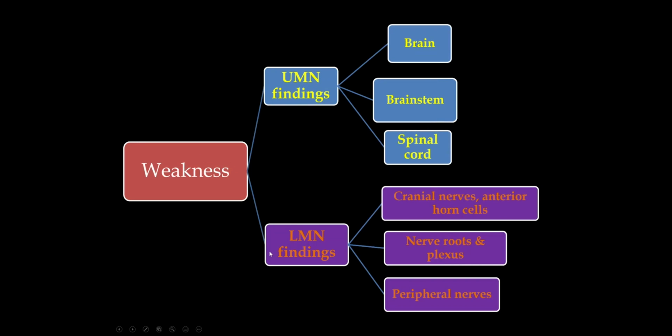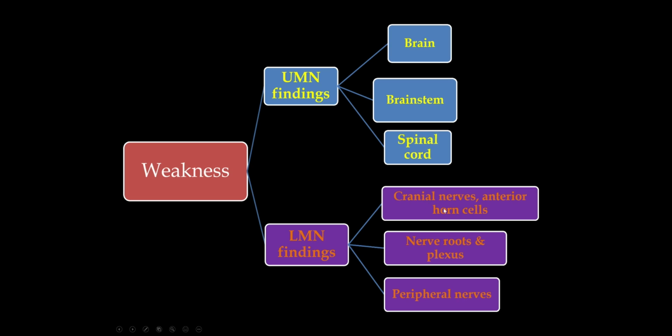All right, if we have lower motor neuron findings, and again I'll list those here in just a minute, then our options are either, well, first of all, what is a lower motor neuron? A lower motor neuron is a neuron that talks directly to muscle. And so those can originate from the brainstem, so our cranial nerve nuclei. Let's just think about cranial nerve 12, which goes directly to the tongue. So that's a lower motor neuron.